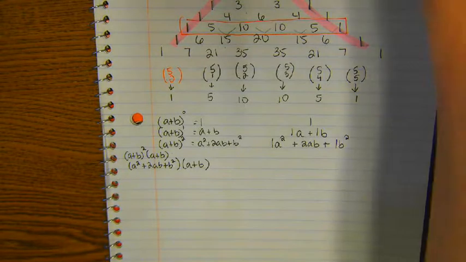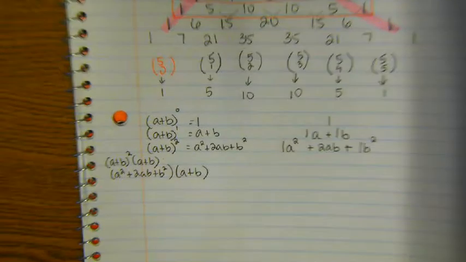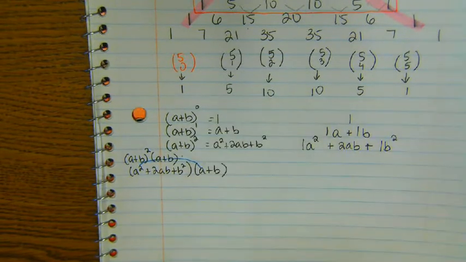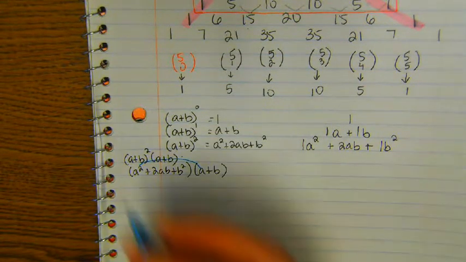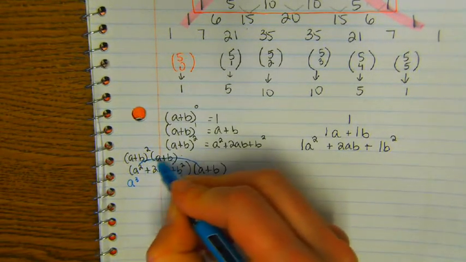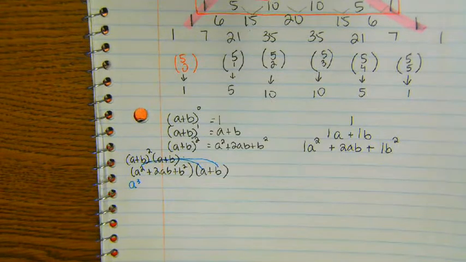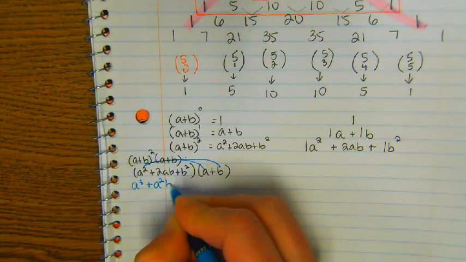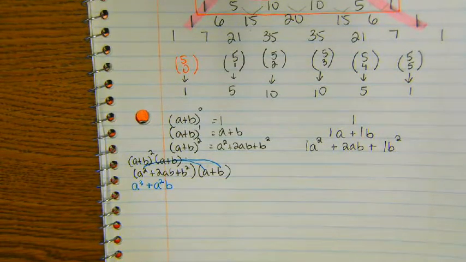Alright, so here we go. What's a squared times a? A cubed. What's a squared times b? Isn't that just a squared b? Okay. All right, on to the 2ab.